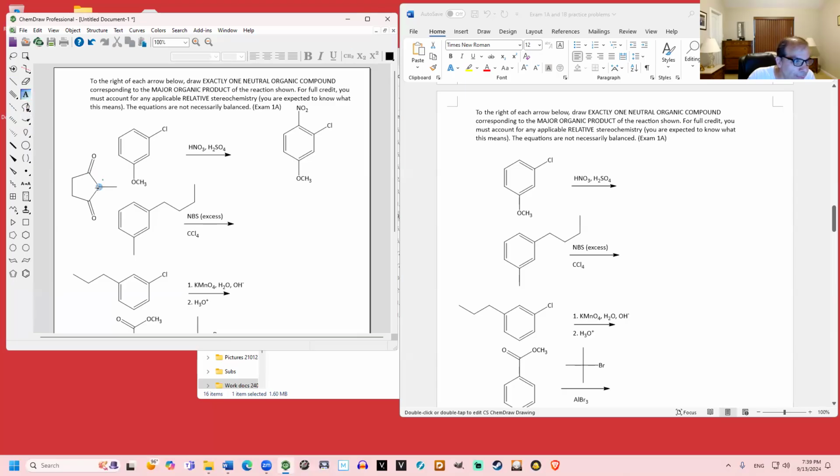These should all mean something to you, should call up a structure in your mind. So this is NBS for N-bromosuccinimide. And NBS is an oxidizing agent. It's also a powerful brominating agent. And one thing that NBS does is it replaces all benzylic and allylic hydrogens with bromines. And benzylic and allylic are 2 words that you need to know.